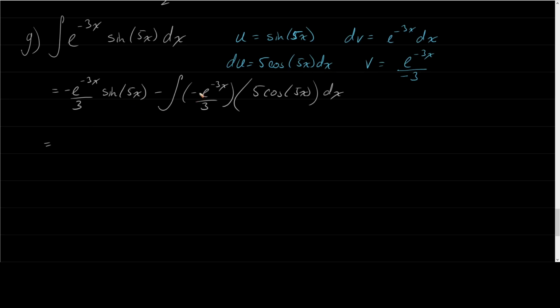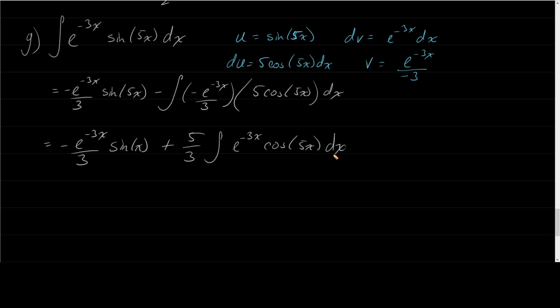So I'm going to rewrite this now, factoring out that negative as well as the 5/3. So I have negative e to the negative 3x over 3 times sine of x plus 5/3 times the integral of e to the negative 3x times cosine of 5x dx.